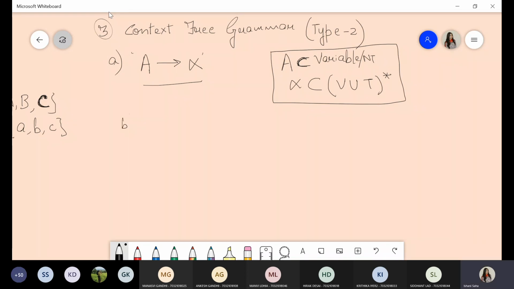B part, write down. The left hand side of the production contains only one non-terminal. Only one non-terminal. Very important.